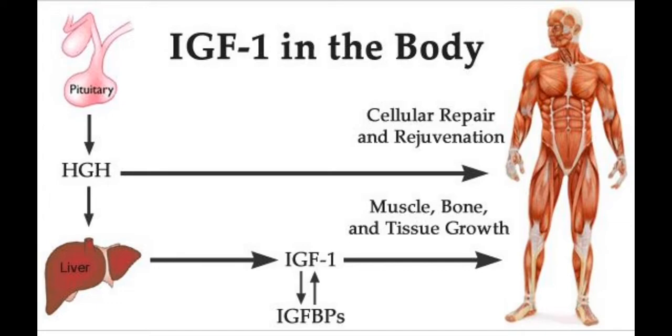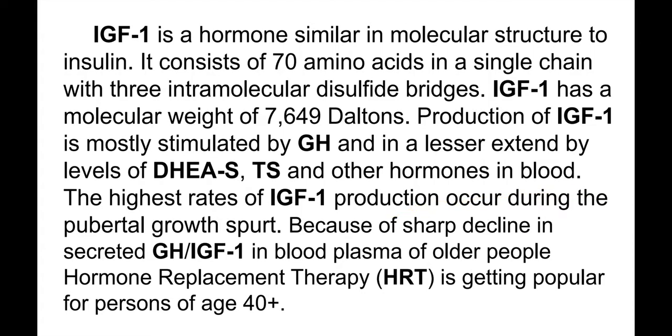But in young people, muscle, bones, and tissue grow from both growth hormone and insulin-like growth factor. Okay, insulin-like growth factor 1 is a hormone which is similar in molecular structure to insulin.